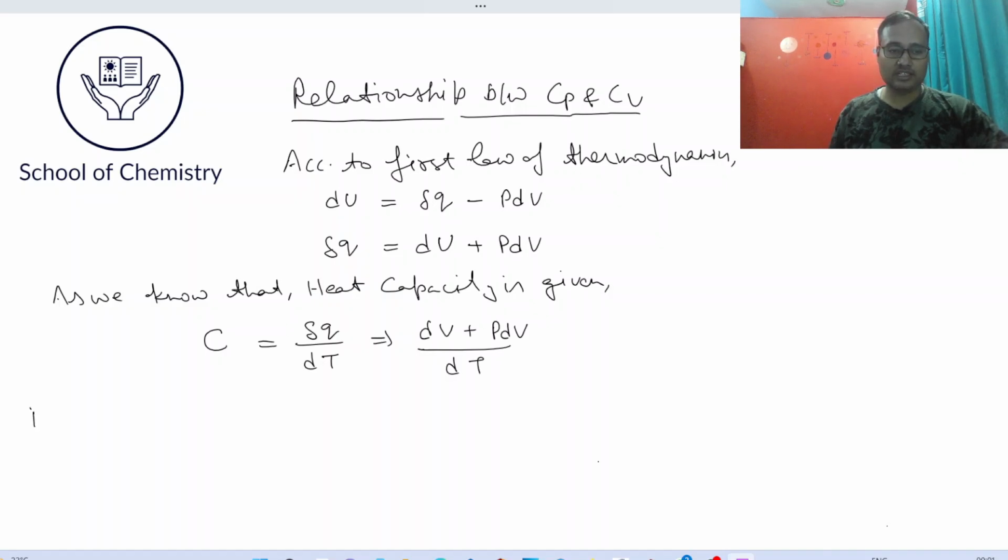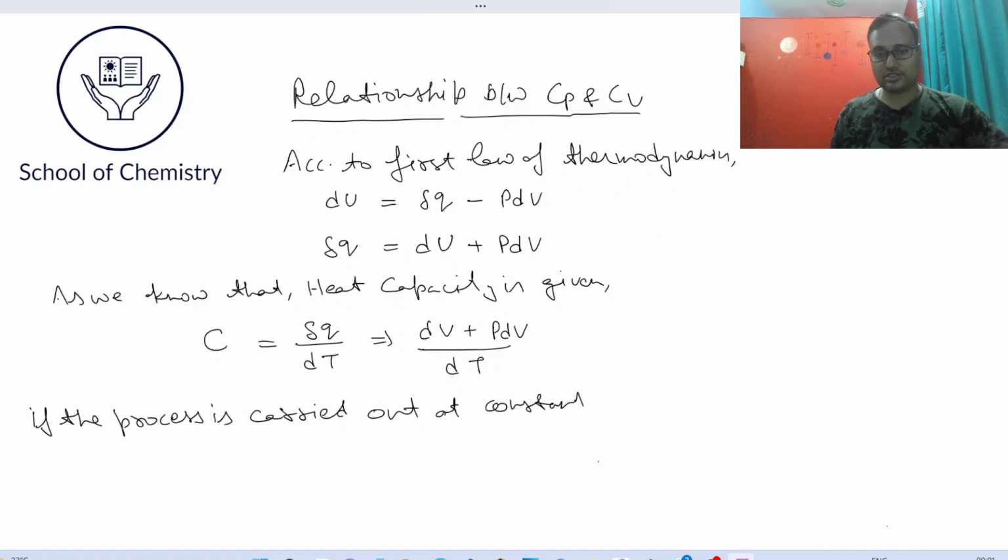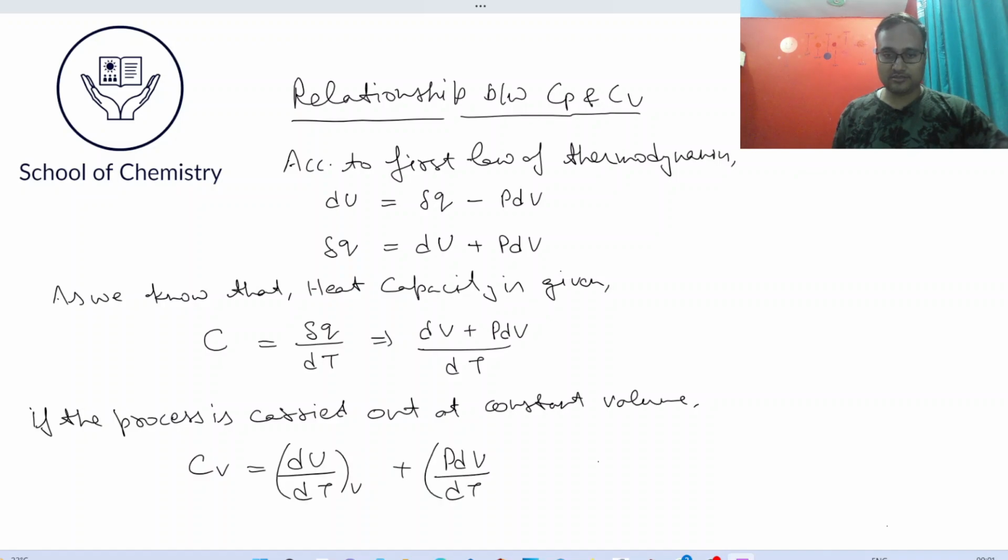If the process is carried out at constant volume, we can write Cv is equal to dU upon dT at constant volume plus pdV by dT, and this second term will be equal to 0, as dV is equal to 0 because the volume is kept constant.